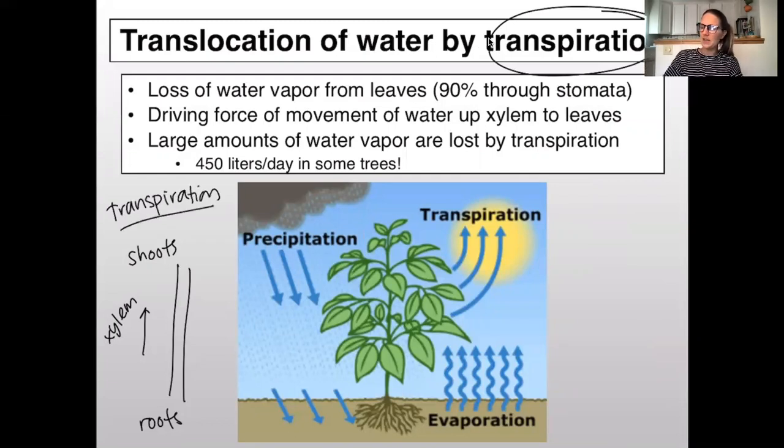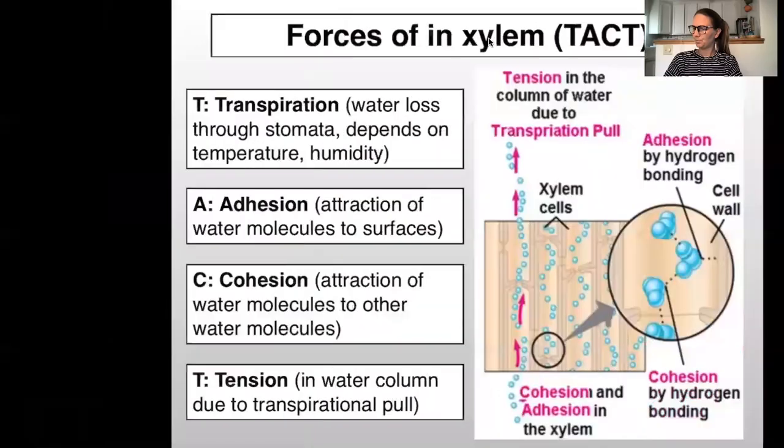So this, by definition, is the loss of water from the leaves, usually through the stomata. That is the driving force that pulls water from the roots up. And huge amounts of water vapor can be lost through transpiration. Some trees, it's 450 liters a day. So imagine how much they're going to have to be absorbing through those roots.